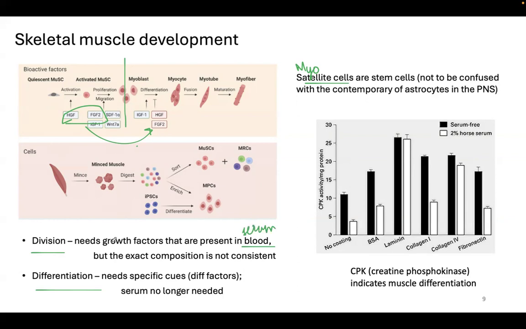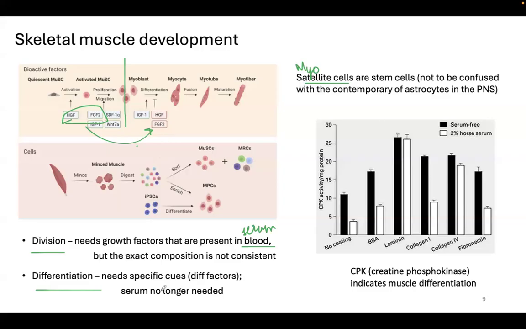So the division phase needs the growth factors present in blood, but the exact composition is not consistent. Versus the second part, your differentiation, fusion and maturation, you don't need those growth factors anymore. You don't need HGF and FGF2 anymore. You need specific cues, which are other differentiation factors. In that case, the serum is no longer needed.